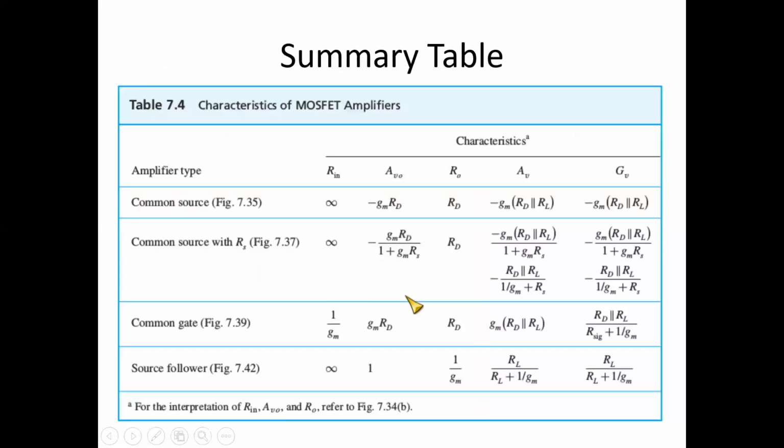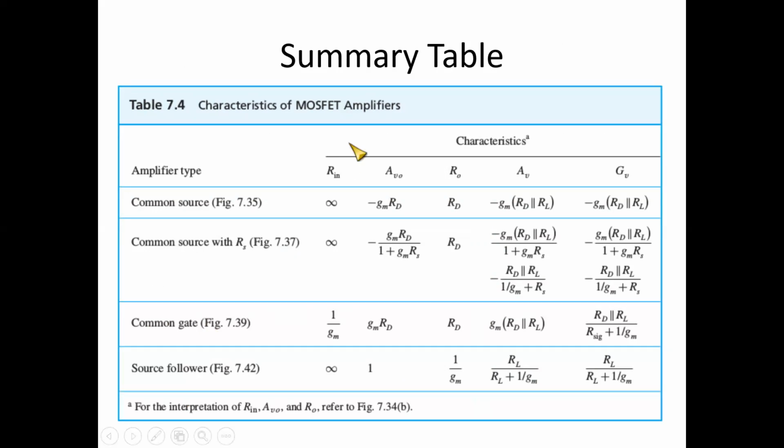So this table gives us the summary of the performance of the different configurations of the MOSFET: common source with resistance RS, the source follower, and as well as the common gate amplifier, which is out of the scope of the syllabus, because the common gate is seldom used because of its very poor performance.